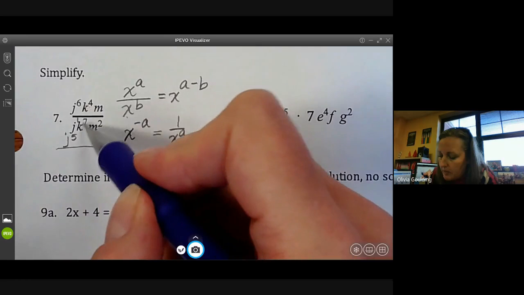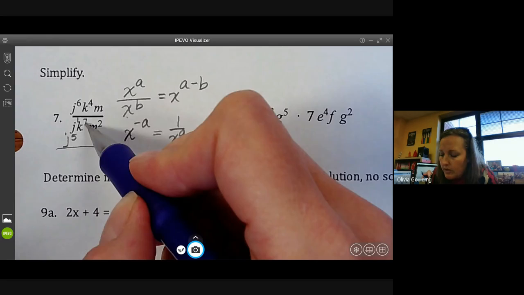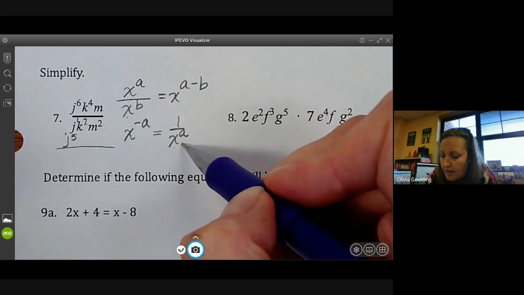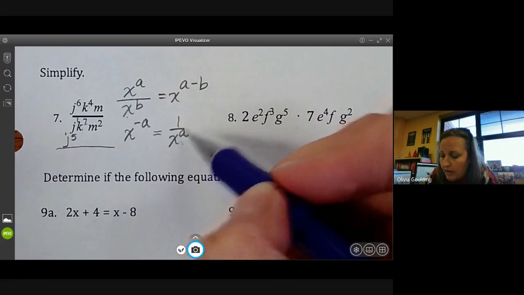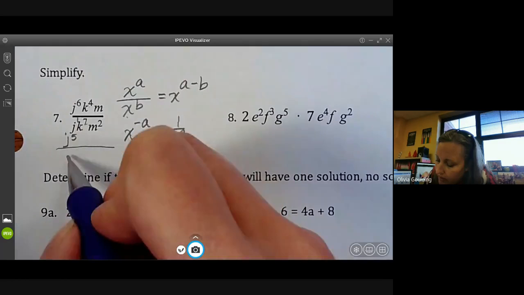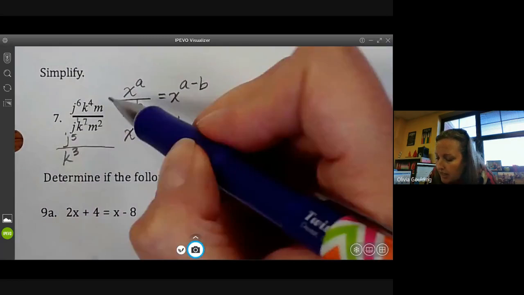But for k, I end up with 4 minus 7, which is a negative number, right? 7, 4, 3. So it's going to end up to be a negative 3. If I end up with a negative exponent, I drop it into the denominator to make it positive. If I leave it negative, it's not going to be simplified. So it becomes k to the third, that's down there.